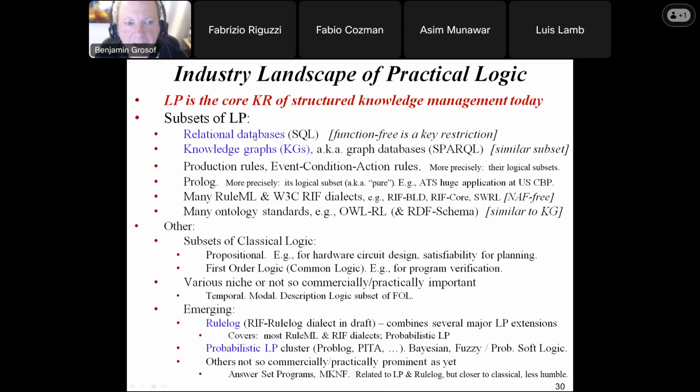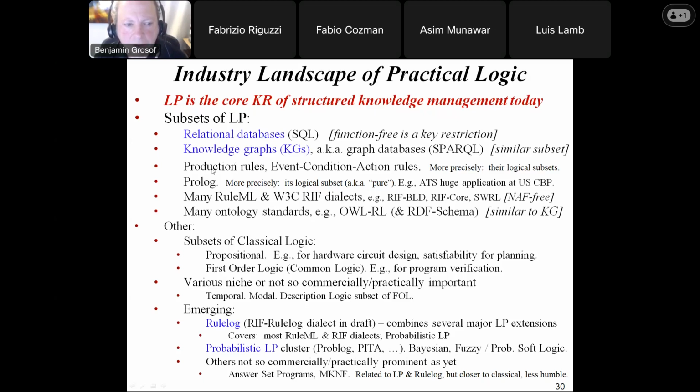Relational databases are subsets of LP, a key restriction there being function-free. Knowledge graphs are essentially the same subset of LP as a logic that relational databases are. So for example, graph databases in SPARQL or some of the other emerging things such as a graph query language, or older ones such as XQuery and XML, those are also subsets of LP.